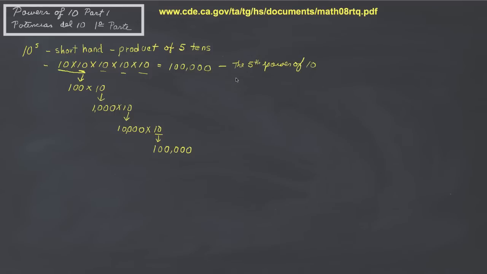Some people would say 10 to the fifth power. Okay, so both of them are called 10 to the fifth power. Now, 10 to the fifth power shows, like I said before, 5 zeros.